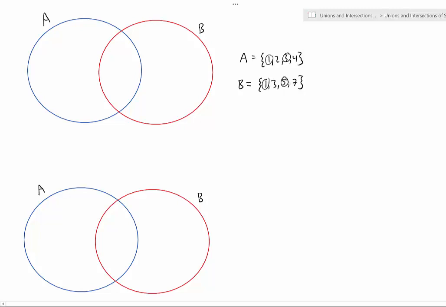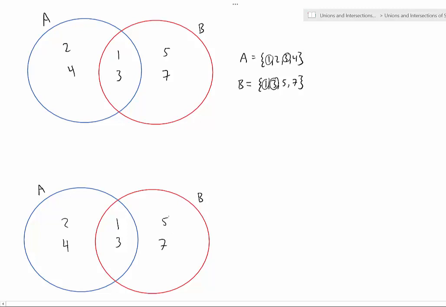I'll draw 1 and 3 in that little part because they're in both at the same time. That's where the circles overlap. And then A also has 2 and 4, and B also has 5 and 7. So there's a little picture to help us visualize what's going on here.